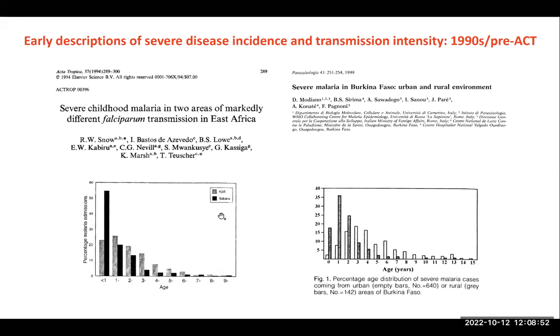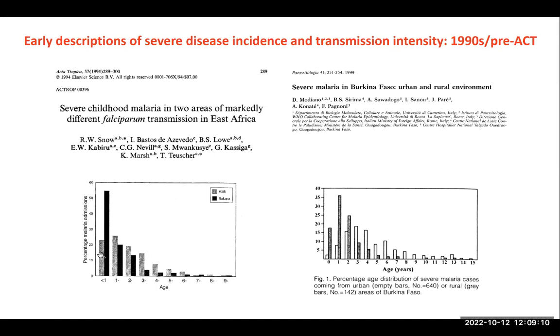The sites that had very high transmission intensity, that is Ifakara in Tanzania, are shown by the black bars, and the rural extent of Burkina Faso is shown by the gray bars. It shows that the peak age of severe malaria was low in these high transmission sites.